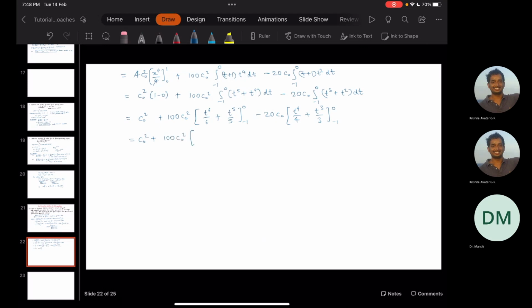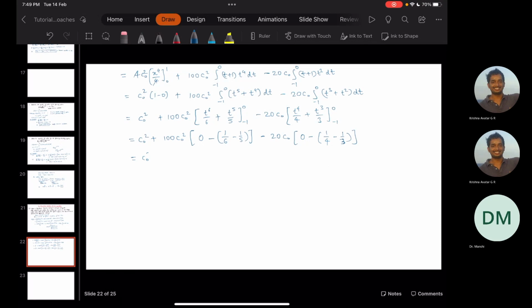When we put zeros here, it's just 0 minus the value at minus 1. Minus 1 to the power 6 is just 1, and minus 1 to the power 5 is minus 1, so we have minus 1 by 5. Similarly, we have minus 20 c naught: 0 minus of minus 1 to the power 4, which is 1, by 4, and then we have minus 1 by 3.